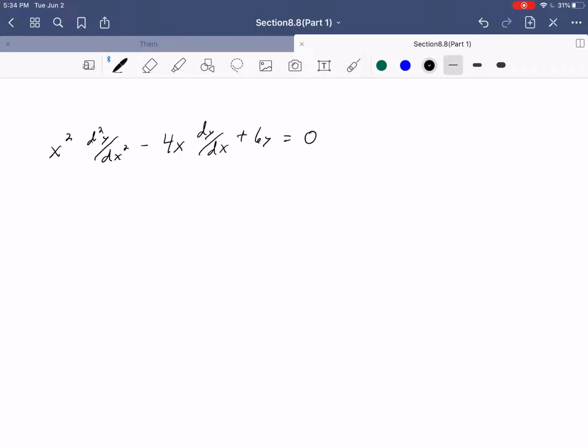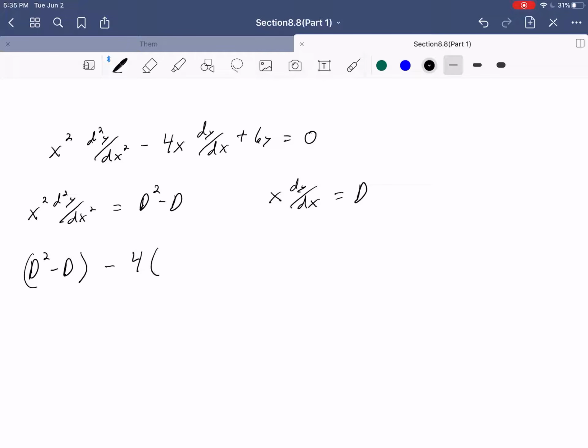Now, like we said, we just figured out that x squared times the second derivative of y with respect to x is equal to D squared minus D, and that x dy dx was equal to just the first derivative of y with respect to z. So let's plug those in. This is going to become D squared minus D, minus 4, and then this entire x dy dx is going to become D, so we get minus 4D, plus 6y equals 0.